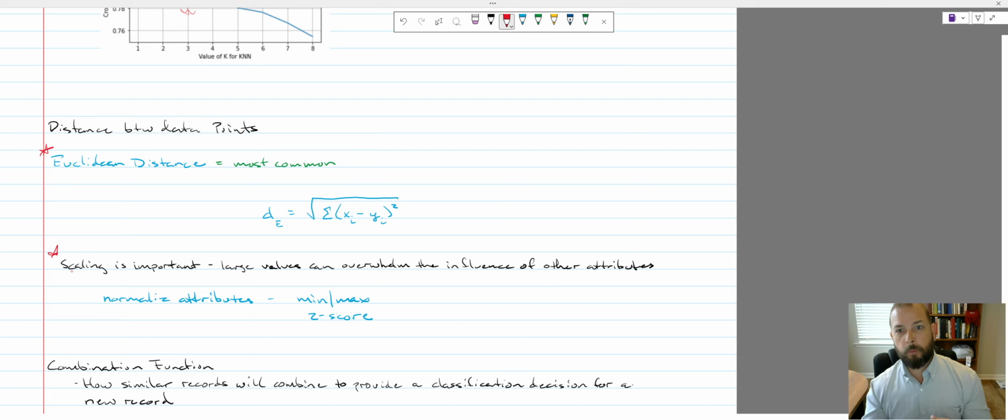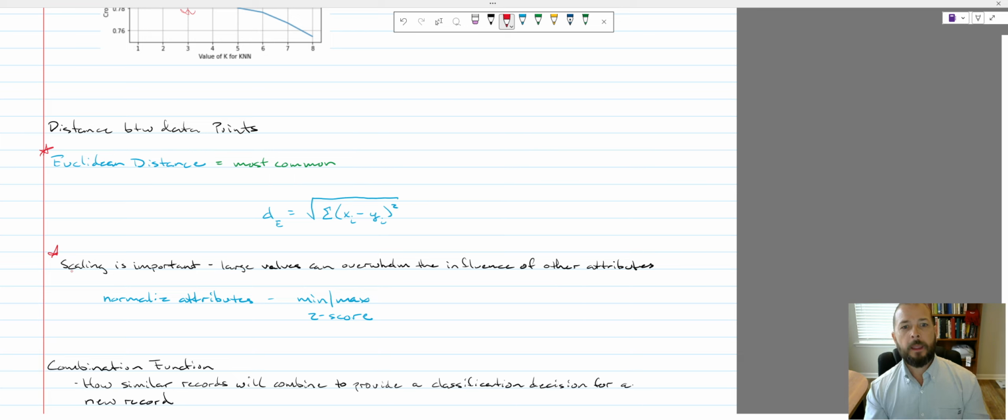If you have home runs versus batting average, the home runs are going to be weighted a lot more because those values can go anywhere from 0 to 35, 40, whereas the values for batting average only go from 0 to 1, with most batting averages being around 0.3 or 0.2. And so the home runs, with a larger scaling, are going to influence your data set overall more than the batting average will.